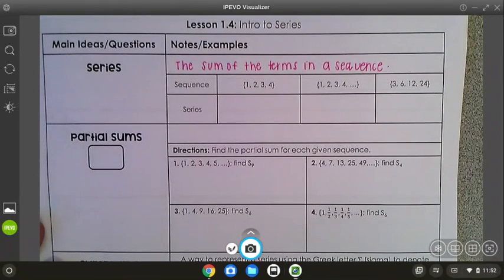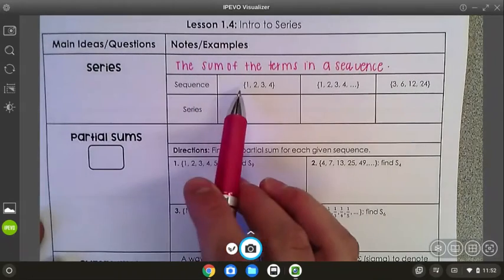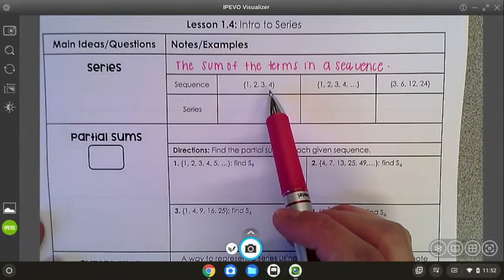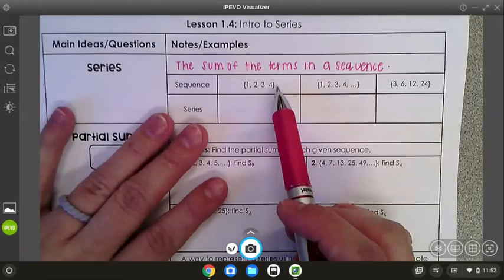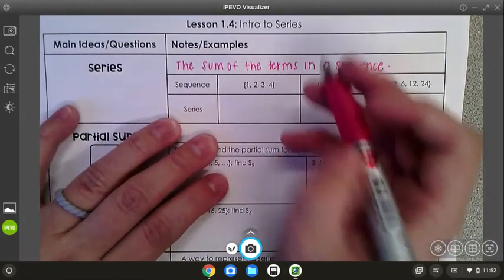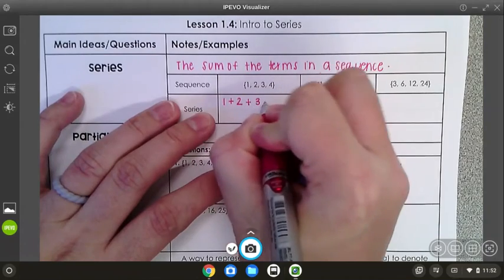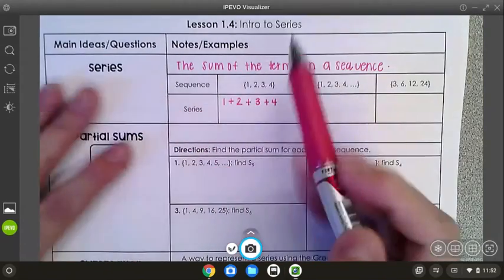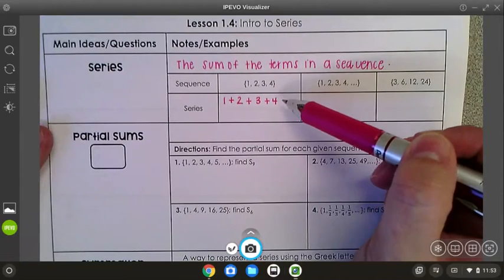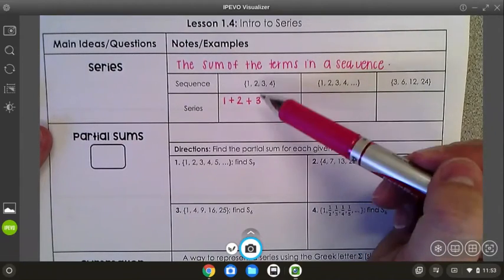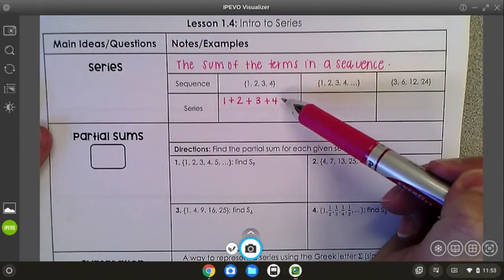So notice here we have a sequence. This is a finite sequence because it stops at 4. And so the series would be, if we wanted to add, we would add all of these together. And a finite sequence, you can add 1 plus 2 plus 3 plus 4.